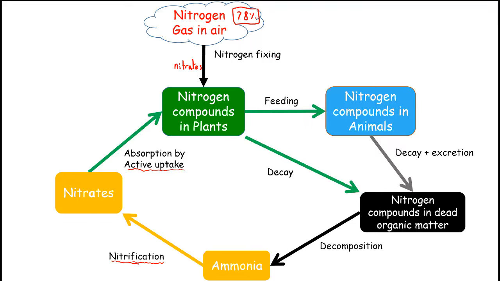And that is carried out by nitrogen fixing bacteria in the process of nitrogen fixing. The final process then is denitrification. Denitrification takes place when nitrates are converted into nitrogen gas in the air. Now, we'll look at each one in a bit more detail, but that is a typical nitrogen cycle.